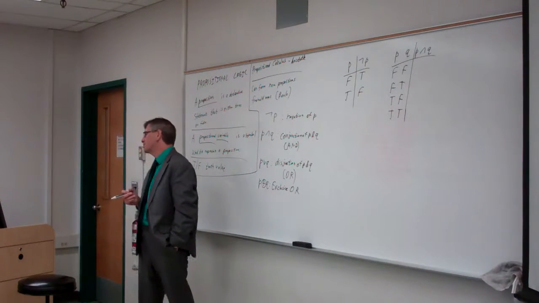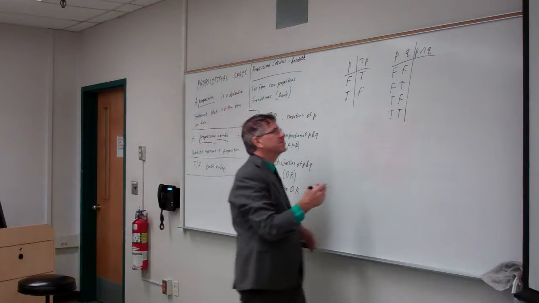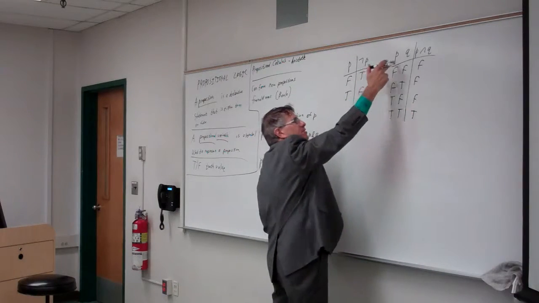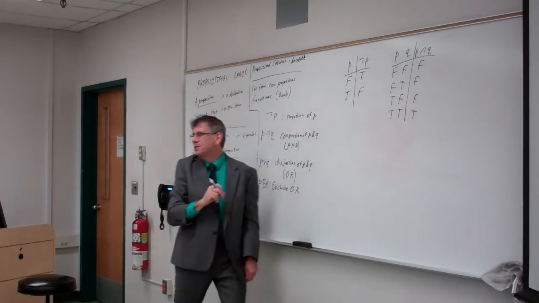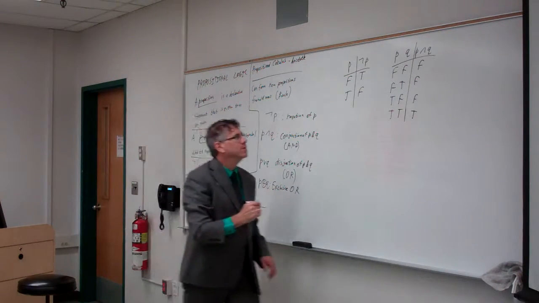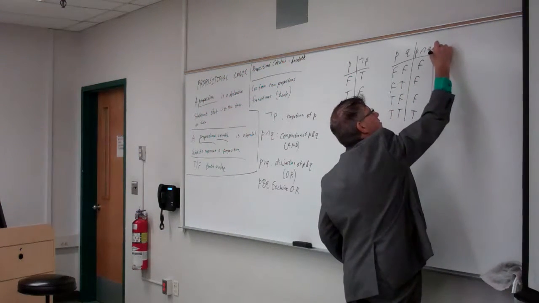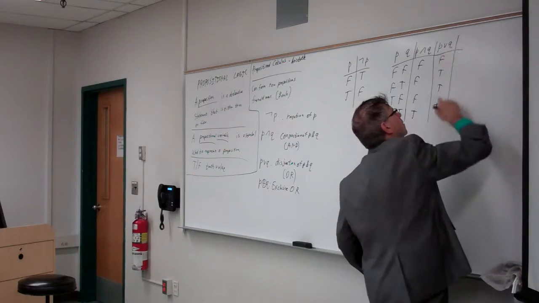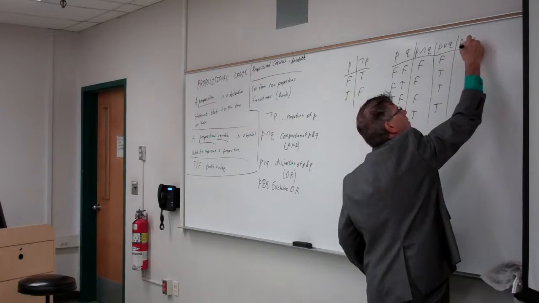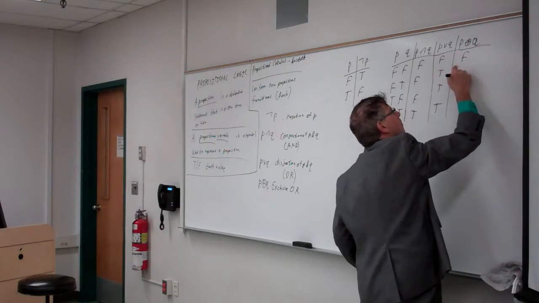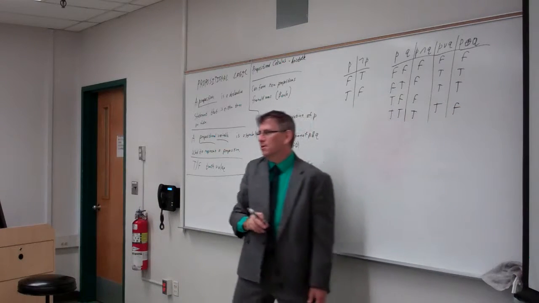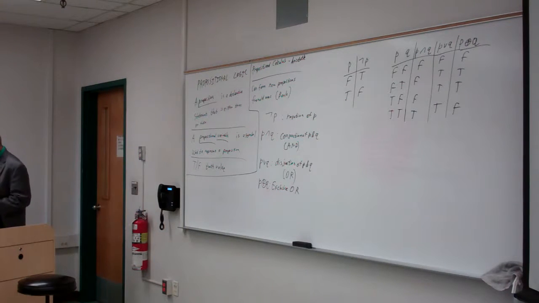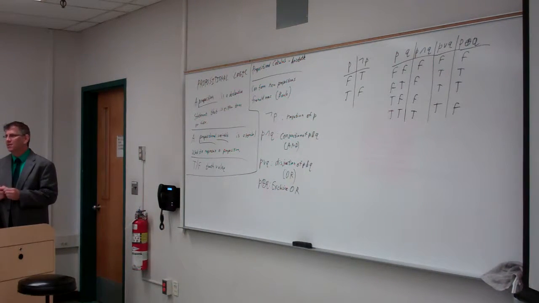Conjunction, same thing, each proposition is true or false, so we have 4 possibilities. And to say P is true and Q is true, we need both P and Q to be true. And disjunction looks like an or. And XORs look like XORs. Got the idea of propositions?